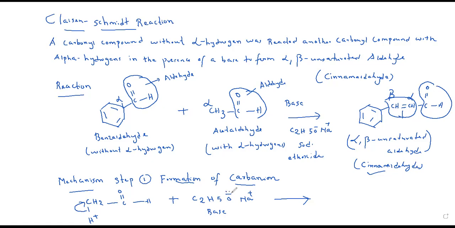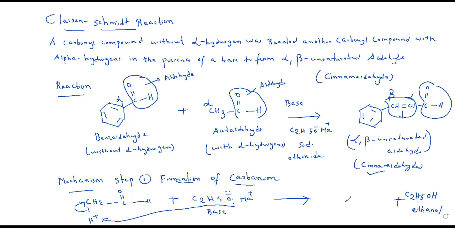Now, here the oxygen will have two lone pairs of electrons. This lone pair of electrons can be donated to this hydrogen which is having a positive charge. Therefore, this oxygen will form a new bond with hydrogen, so ethyl alcohol or ethanol can be liberated as a byproduct.